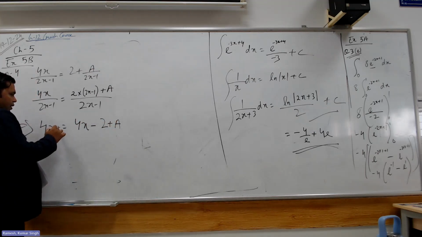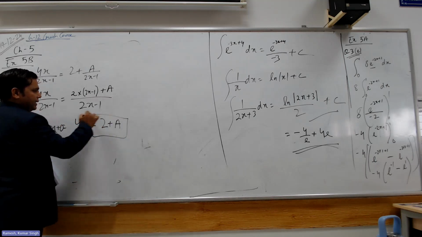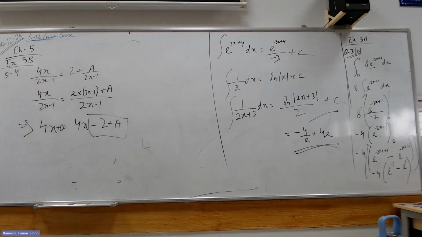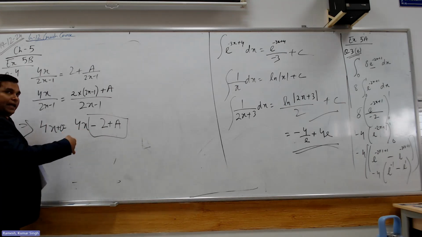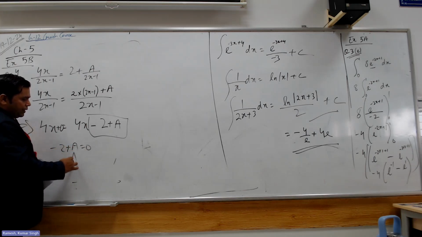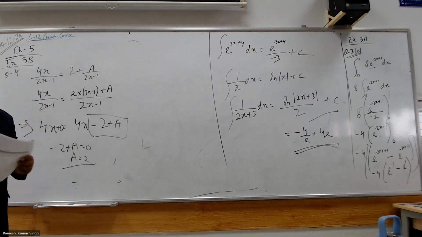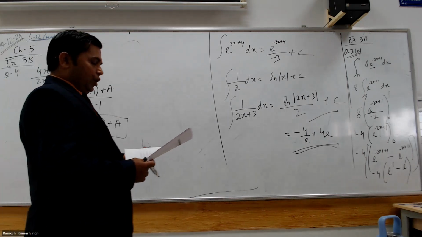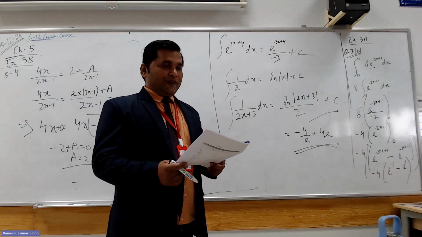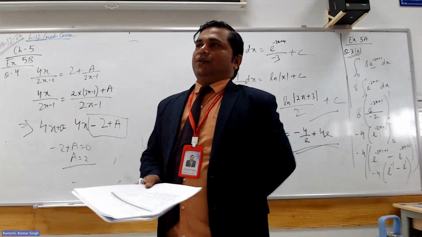So here the constant is 0, 4x plus 0, the constant which is minus 2 plus a has to be 0. Comparing, minus 2 plus a equals 0, so a equals 2. Or you can do the division method, you'll get a value as 2.